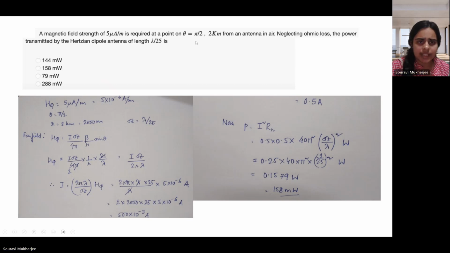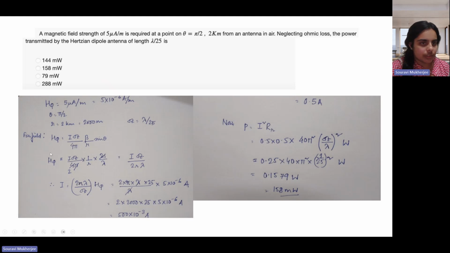And the length of your antenna is given as lambda by 25, a factor of the wavelength that is propagating. So this tells us that the distance at which we are looking is far greater than the dimensions of your antenna. So you are in the far field regime, right?